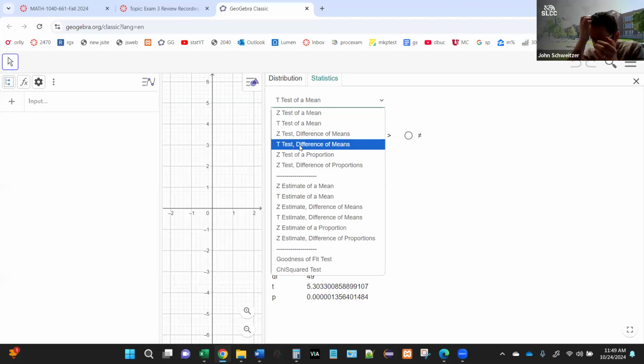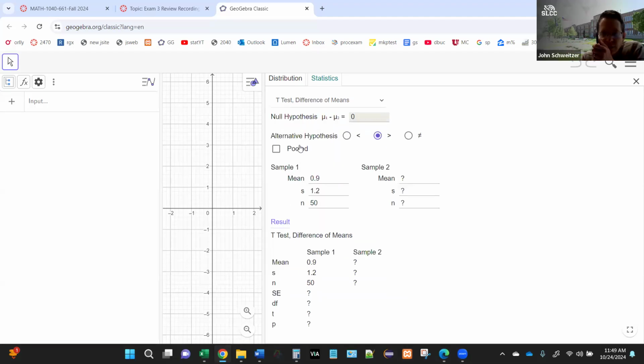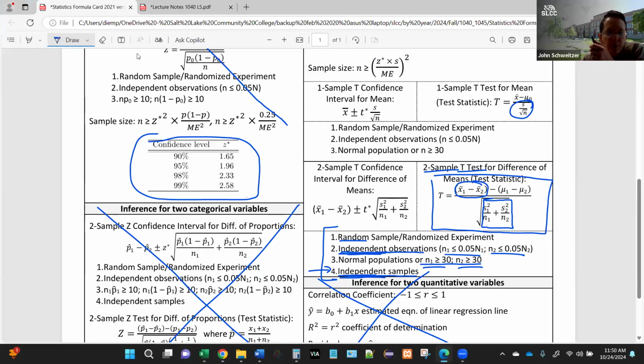If you're doing a difference between 2 means, it's very typically going to be a t-test. Okay, so we go t-test, difference of means, and notice that it doesn't even let us change the null hypothesis. I can come in here and try to type in numbers, and it's just set. And that's probably not a bad thing, honestly.